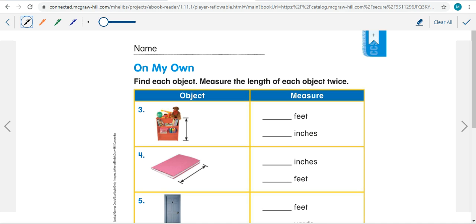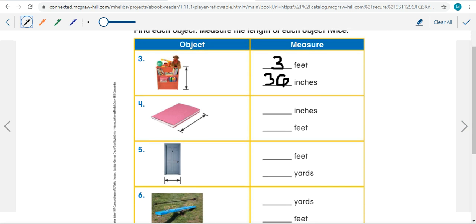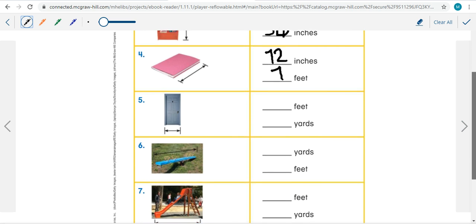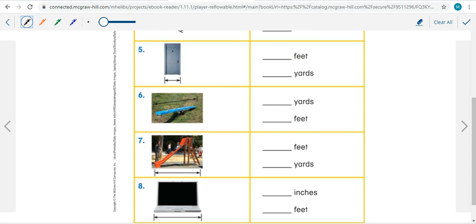Now, this is about 3 feet. And that makes 36 inches long. A notebook is about 12 inches, and 1 foot has 12 inches. Remember that Miss Marlene is making estimates about each object. This is about 3 feet, which equals 1 yard.